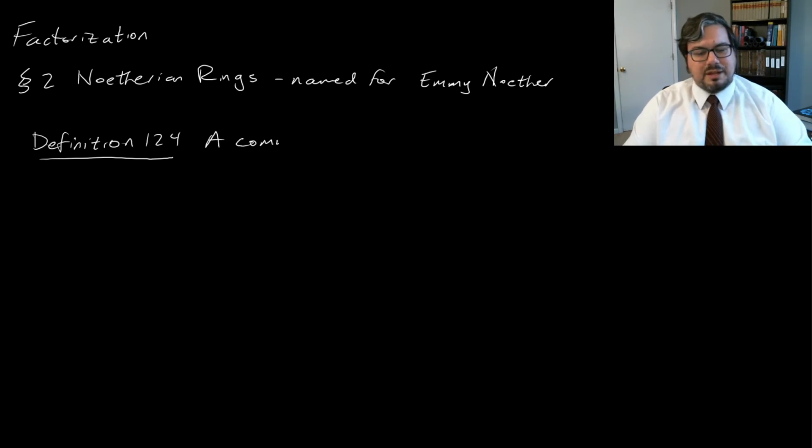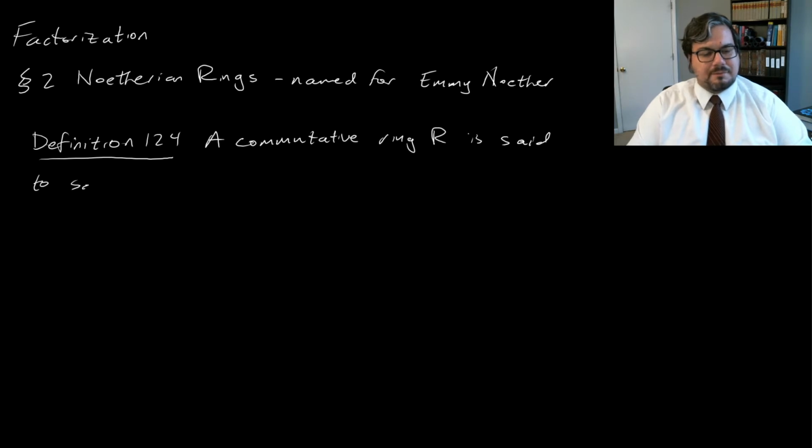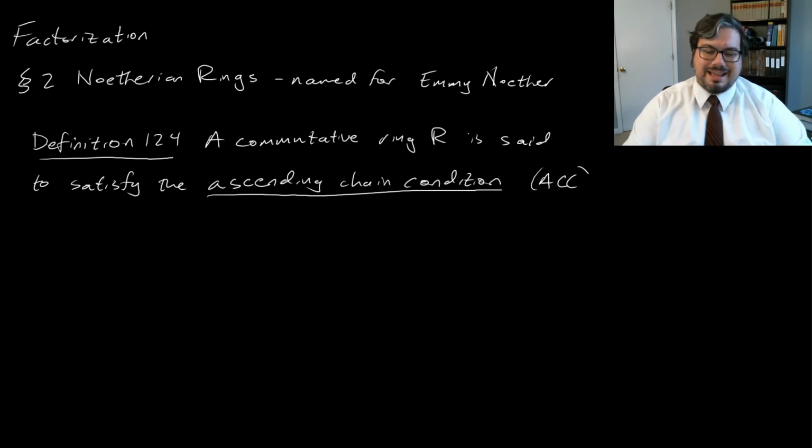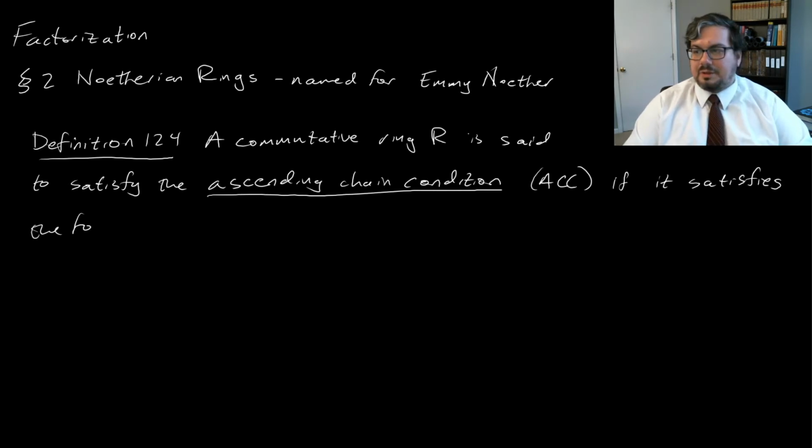A commutative ring R is said to satisfy the ascending chain condition, usually abbreviated ACC, if it satisfies the following condition.